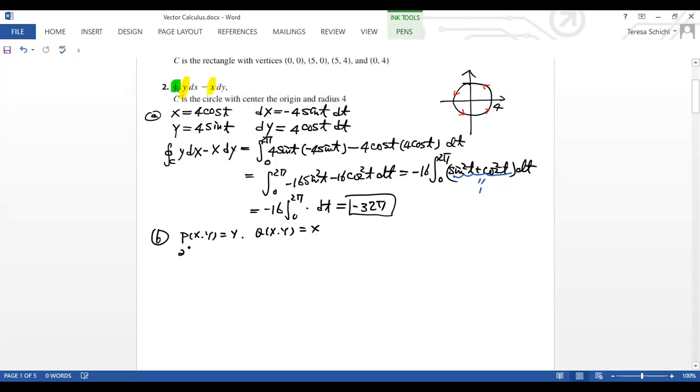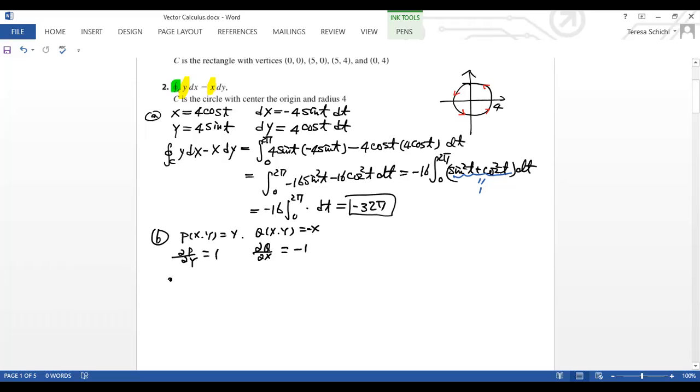So now partial P partial y gives you 1. Partial Q partial x, this is negative 1, all right?